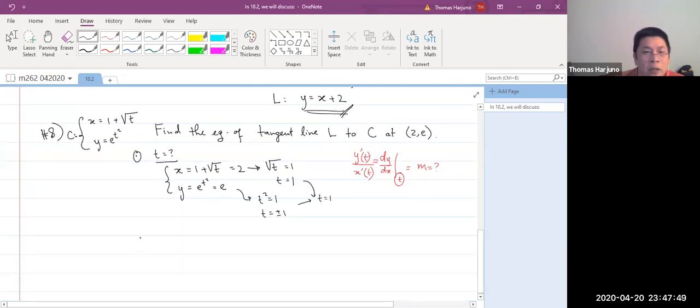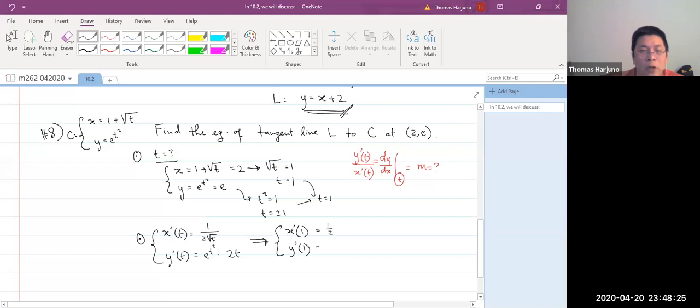Let's find the derivative. x prime t will be 1 over 2 square root of t, and y prime t will be e to the t squared times the derivative of t squared, which is 2t. Then I plug in t equals 1. I will get 1/2 for x prime, and 2e for y prime.